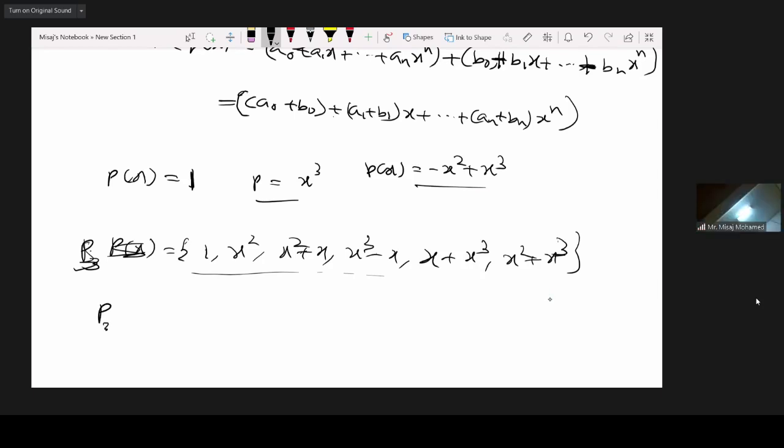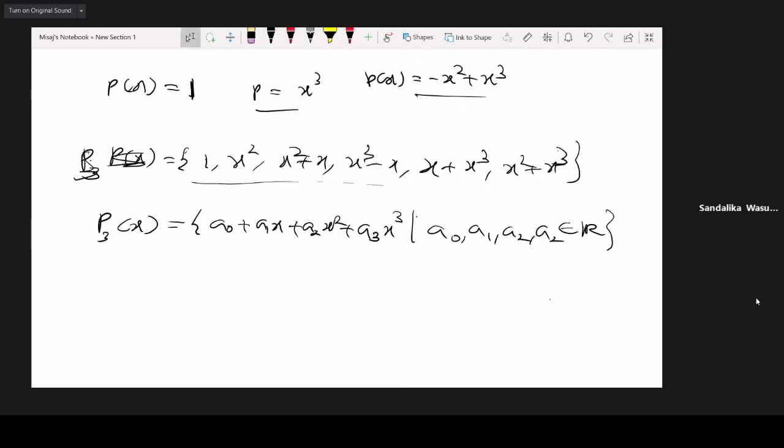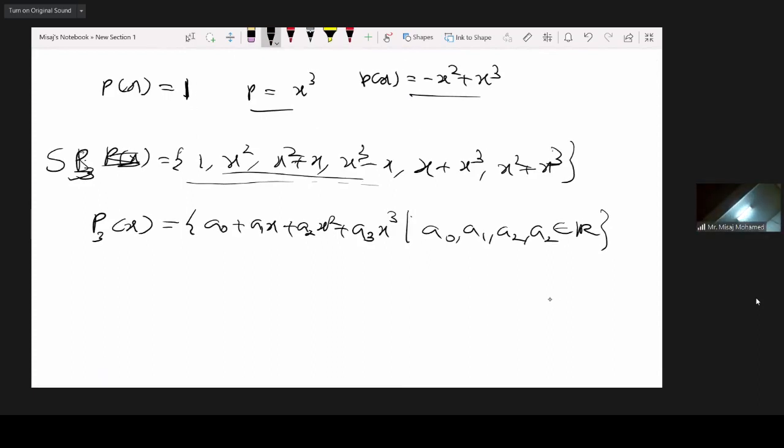P3(x) means a naught plus a1x plus a2 x squared plus a3 x cubed, where a naught, a1, a2, a3 are from R. Clear? So these few are a subset of P3. Say this is S, S is a subset of P3. So in here you have to see the highest degree. Which is the highest degree? The highest degree we got is x cubed, no?